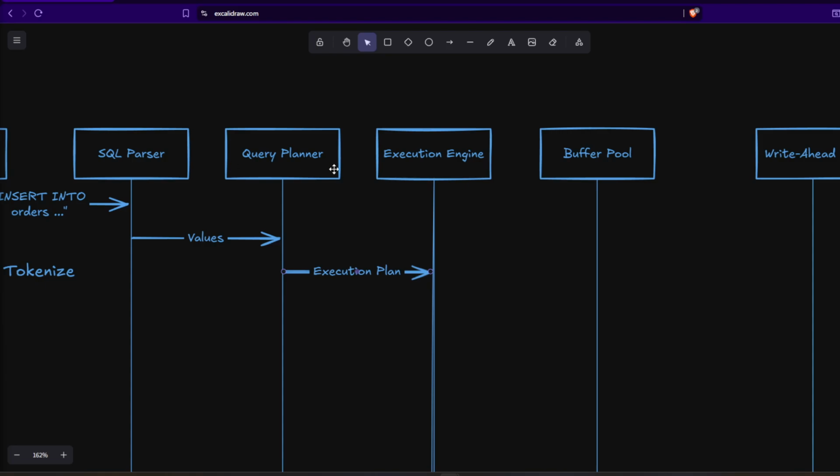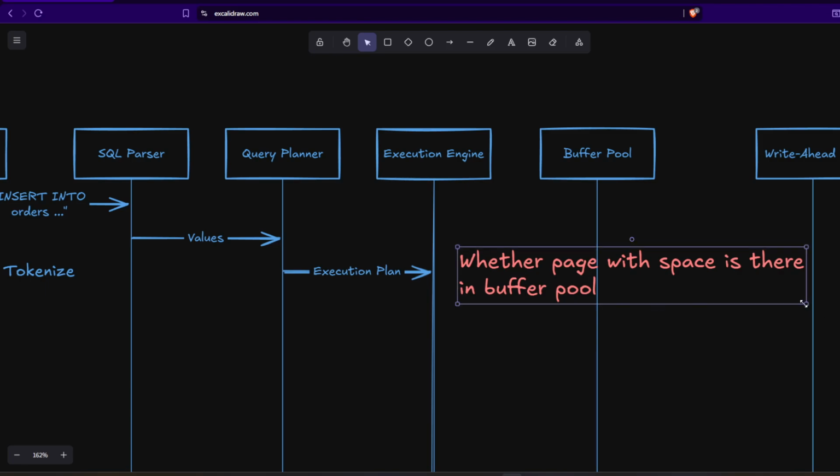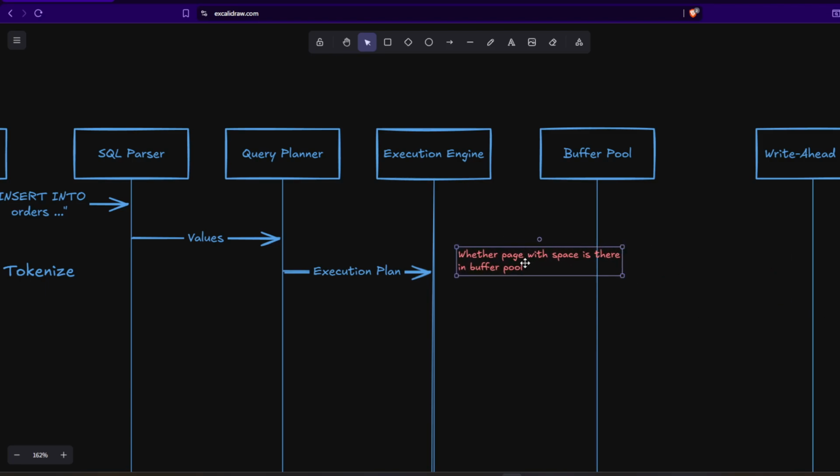So this execution engine will try to see whether a page with space is there in the buffer pool. This is the first thing it tries to determine: whether there is a page available in the buffer pool.